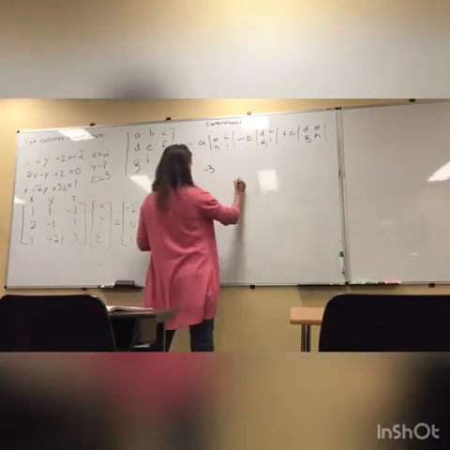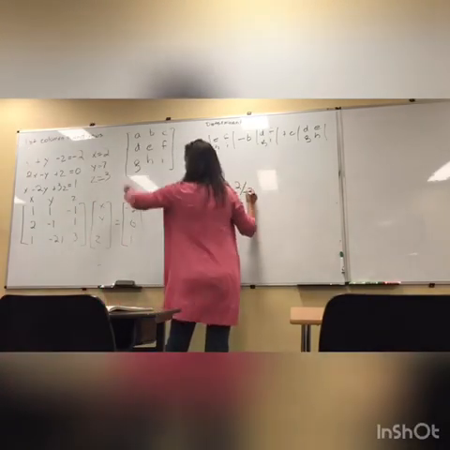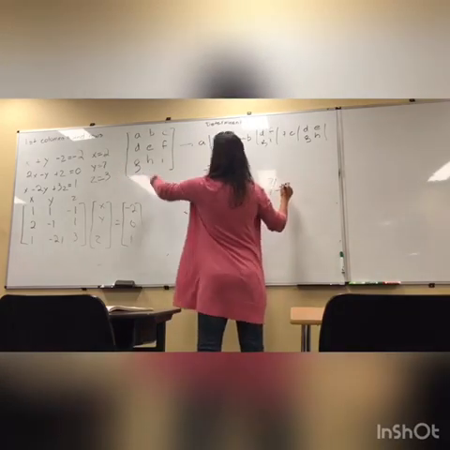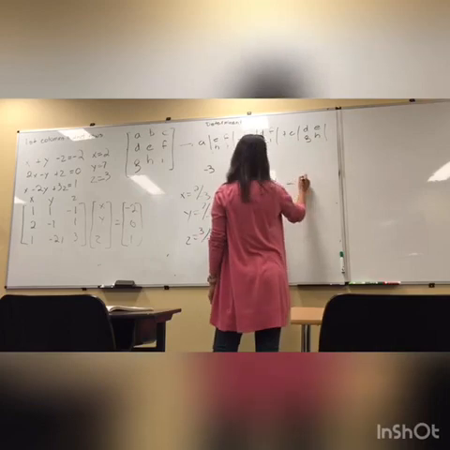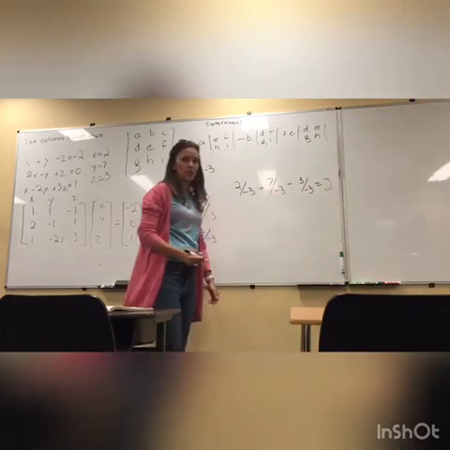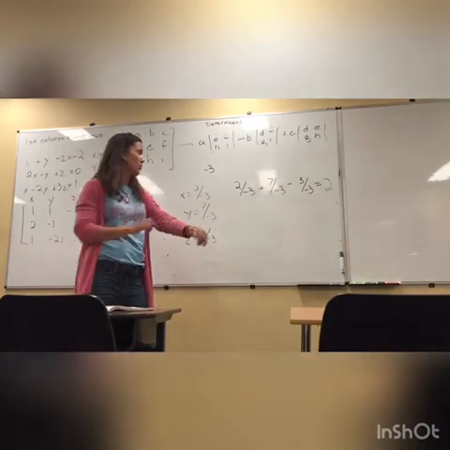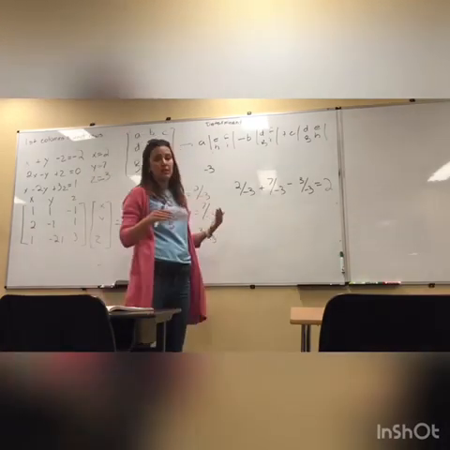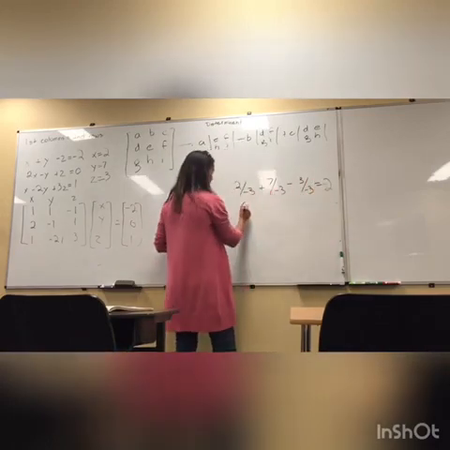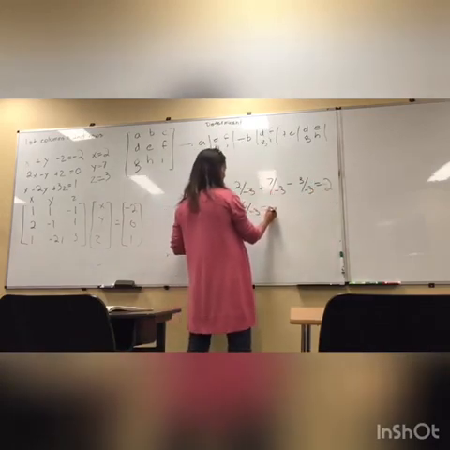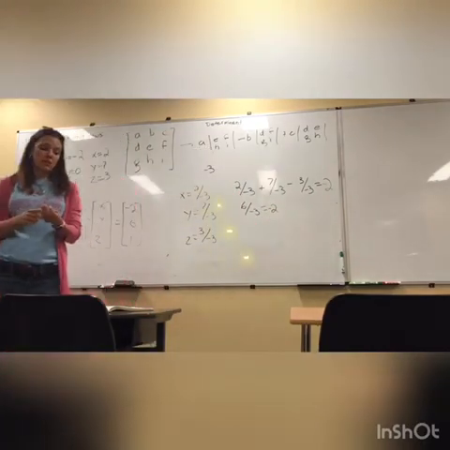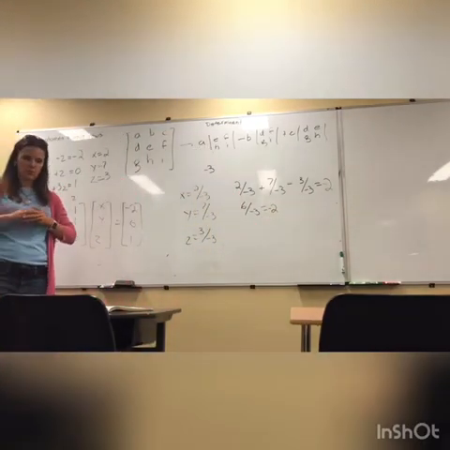So I'm going to get x, which is 2 over -3, plus y, which is 7 over -3, minus z equals 2. Now, we have the lowest common denominator, so we can just add all the numerators. 2 plus 7 is 9, minus 3 is 6. Sorry, -2. So we get 6 over -3 equals -2, and that is a true statement. Which means that all that work proved to be helpful.